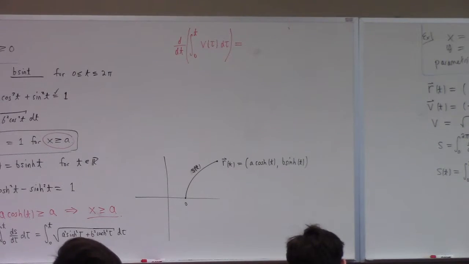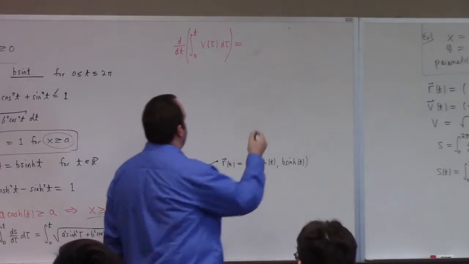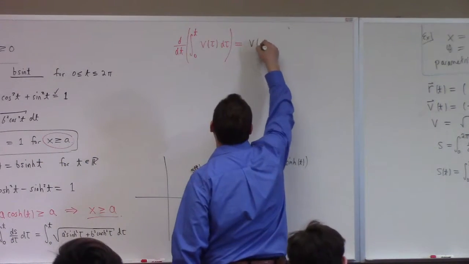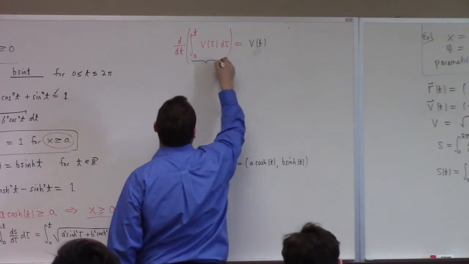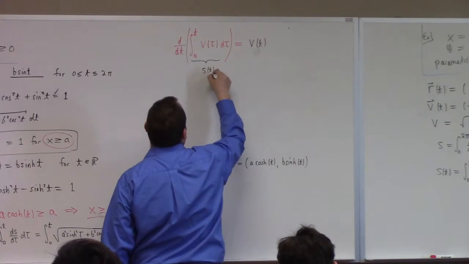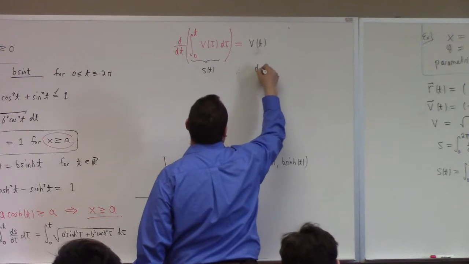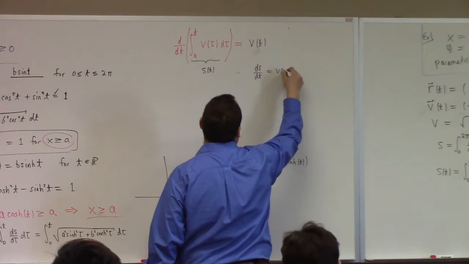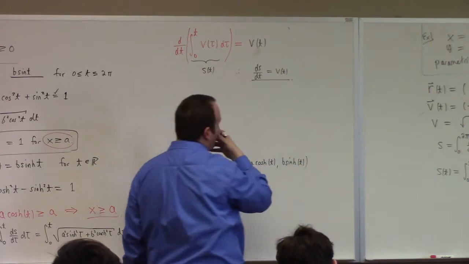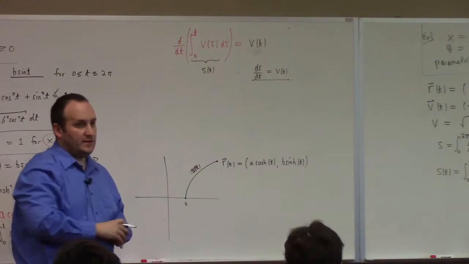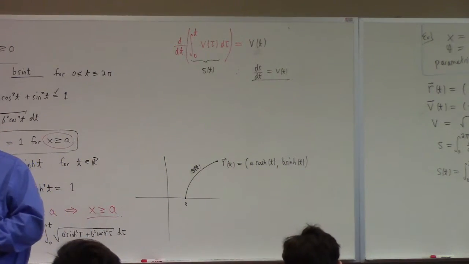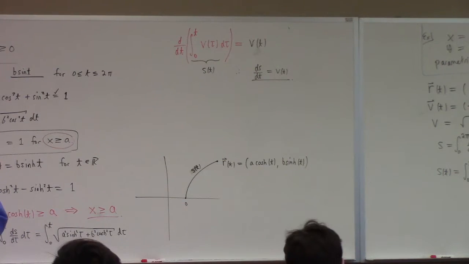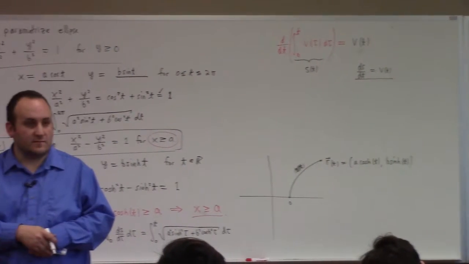V of t, right? This is what we call s of t, right? So therefore what we have is ds dt is equal to the speed at time t. So in the case you take t equals s, that reduces to 1. Make sense?